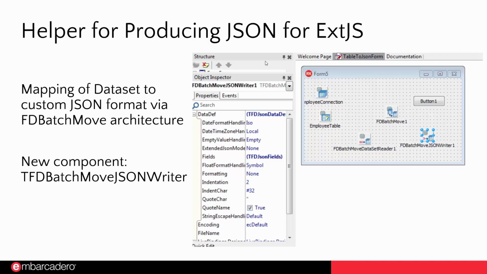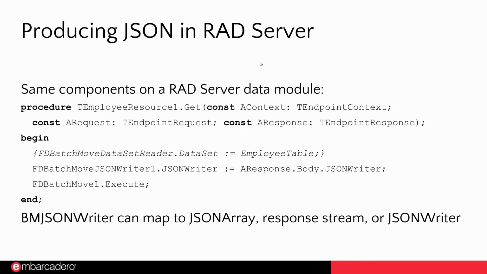So rather than writing manual code or doing some manual configuration, you can do full mapping, and the batch move allows you to pick fields and map fields to fields. So it's not simply a one-to-one mapping, but it can be fairly complicated, and it also allows a bunch of formatting and configurations for the JSON that you want to produce. Again, this specific case is usage within RAD Server.